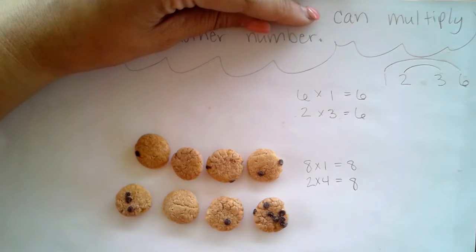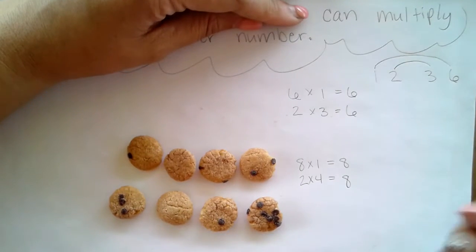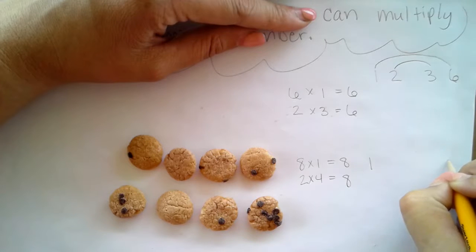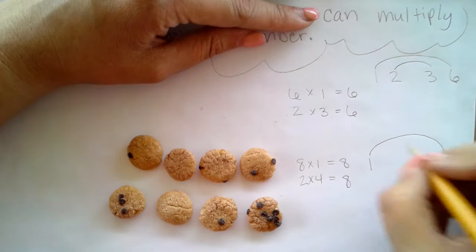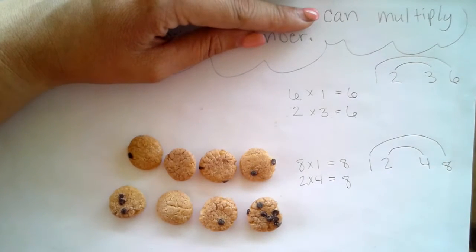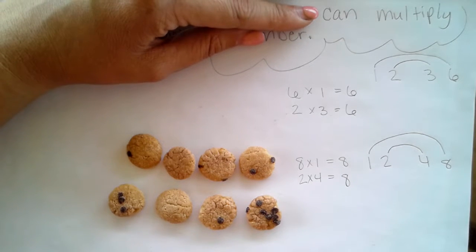Is there any other way? Okay, so if I were to write the factor rainbow, I'm going to do 1 times 8, make the rainbow, and 2 times 4. So the factors of 8, right here, 2 and 4, because 2 times 4 equals 8.